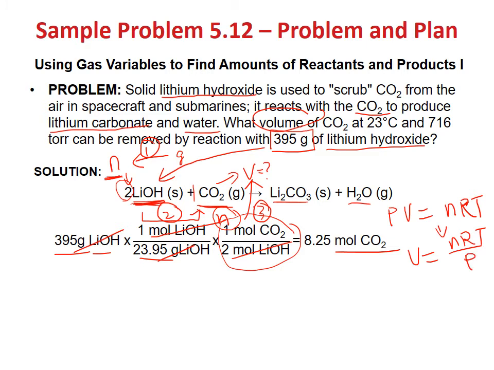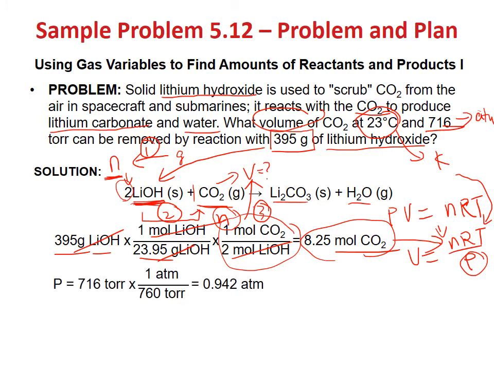So do we have everything? We have moles, the moles just calculated. Temperature is 23 degrees; we need to convert to Kelvin. Pressure is 716 torr; we need to convert to atmosphere. First, the unit conversion: 716 torr divided by 760 gives you 0.942 atmosphere.